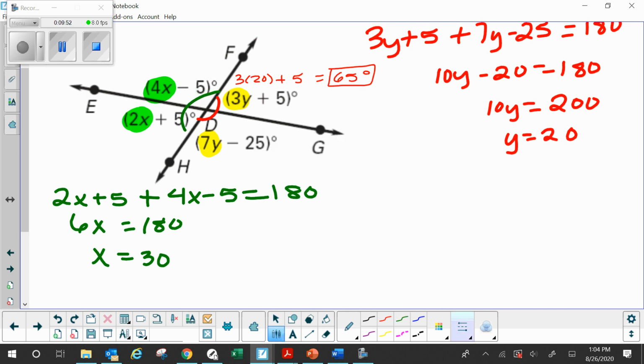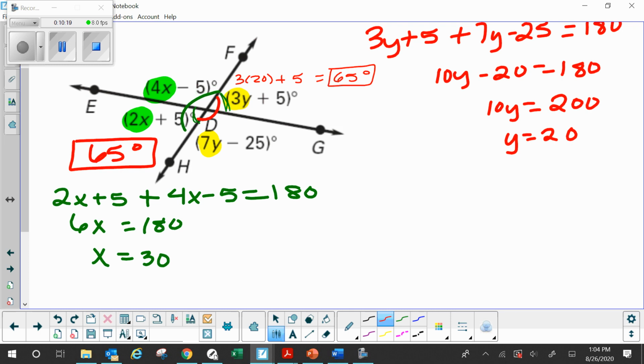Another thing you could have done, do you see that this angle and this angle are vertical. So they're the same. If that's 65, this is also 65. There are lots of different ways to go about solving these.